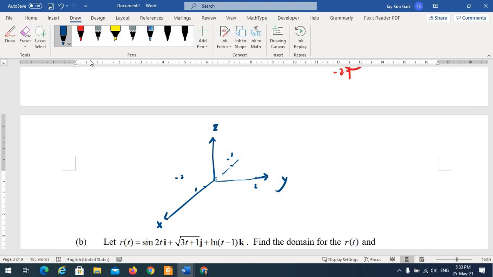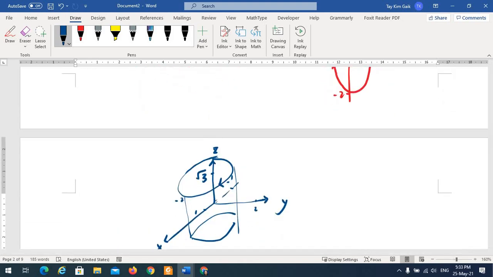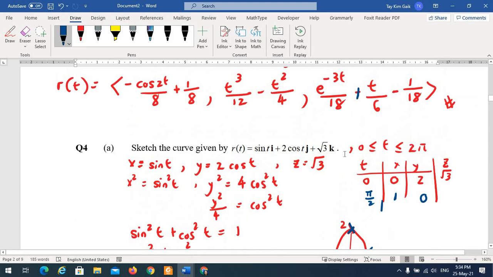Here, raise up the ellipse. The drawing is not that good, but I hope you understand. Here, let's say this is 1 to negative 1, this is 2 up to negative 2. When you raise up the ellipse, raise it up at the position z equal to 3.